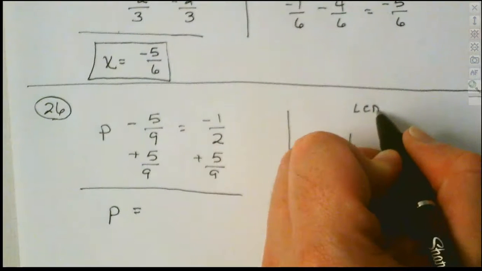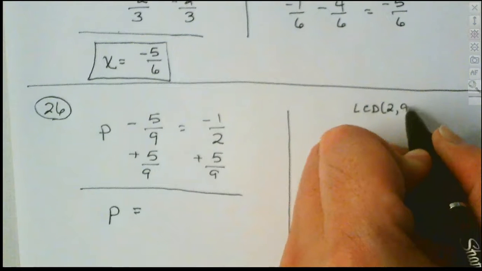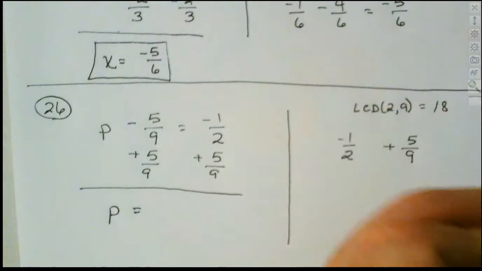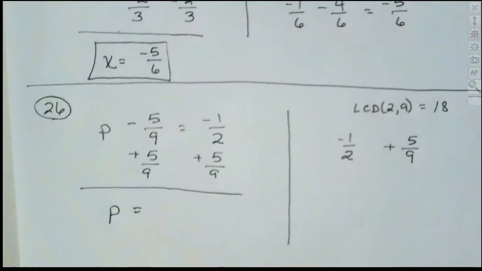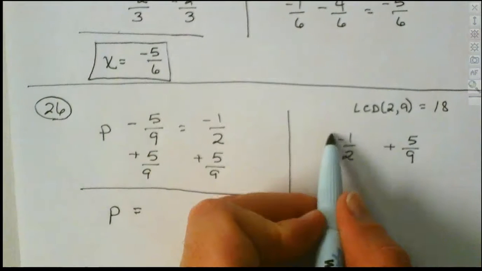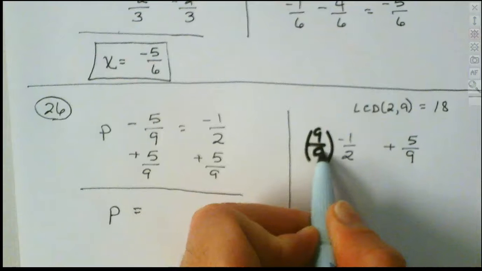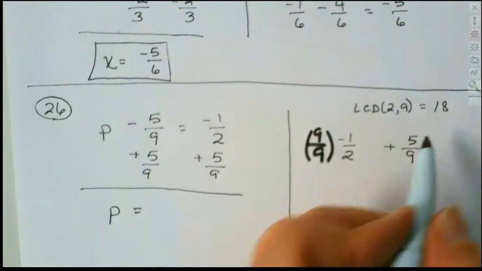And the least common denominator of 2 and 9 would be what? Can someone tell me? 18. And how did we get that? Well, 9 doesn't go into 2, but 9 times 2 is 18, and it goes into 2 and 9 itself. So now we need our common denominators of 18. So we need to take that -1/2, and we're going to multiply that by 9/9 to make an 18 below.